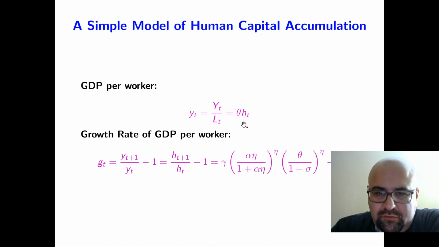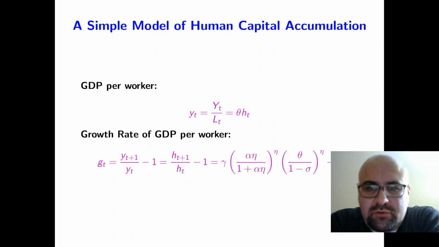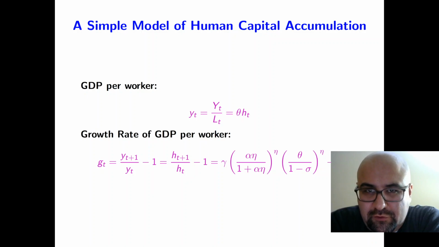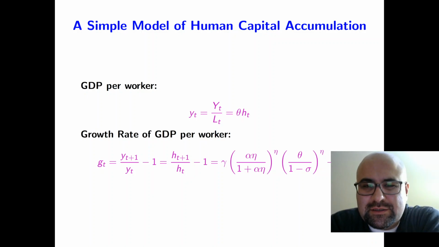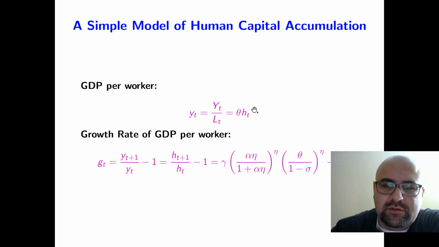So basically, growth rates are the same because Y_t and H_t are proportional. So GDP per worker is proportional to human capital per worker, obviously, because this is a growth model where growth is due to human capital accumulation. So it is by design, and of course under some simplifying assumptions. So in more general models, you will see a wilder function there.